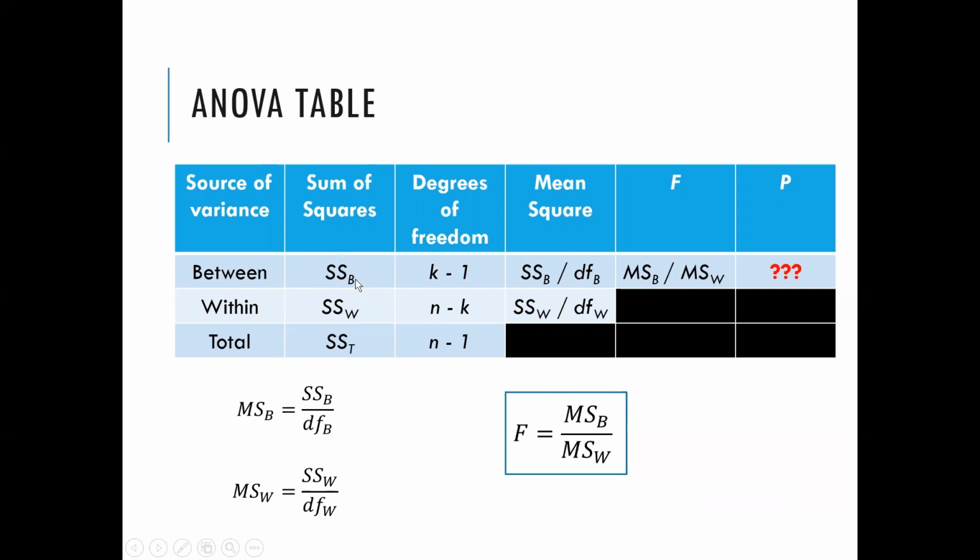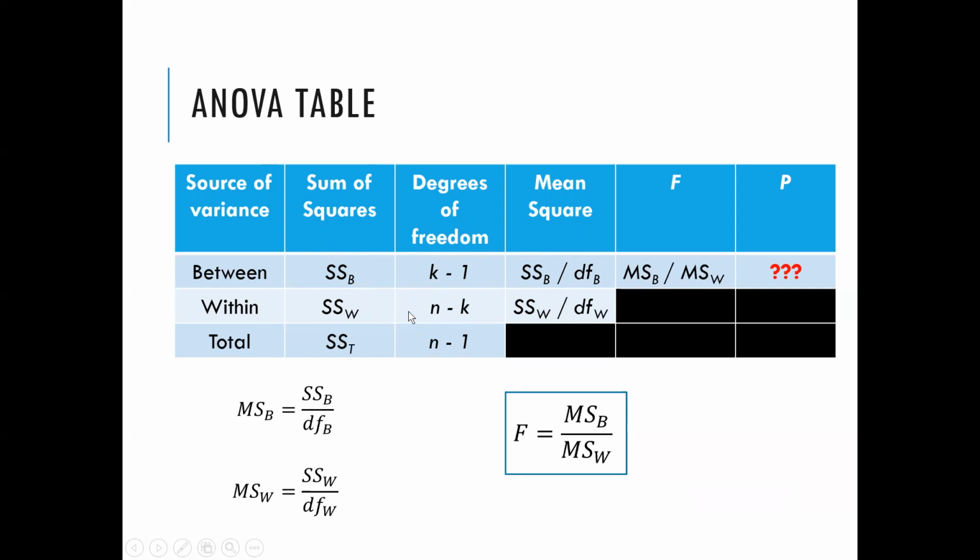So the sum of squares for the variance between, divided by the degrees of freedom. And the degrees of freedom for the between group variance is just the number of groups, so K minus 1.